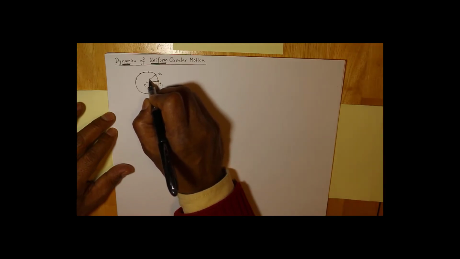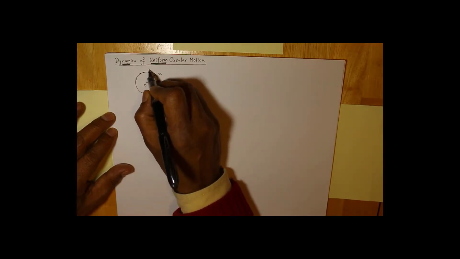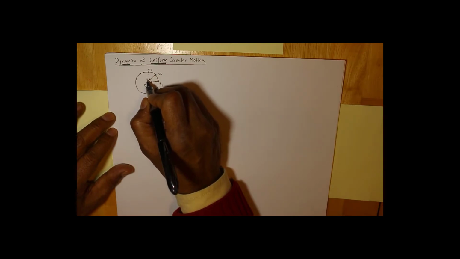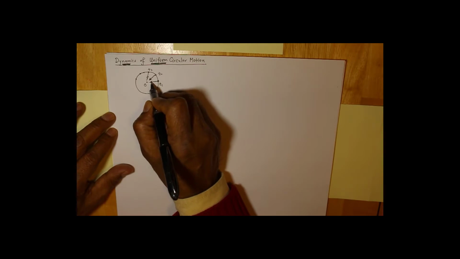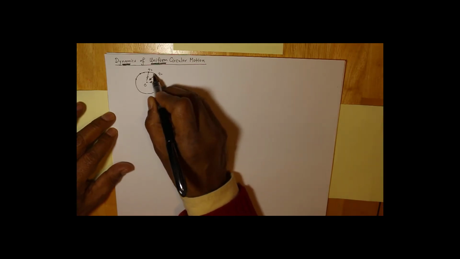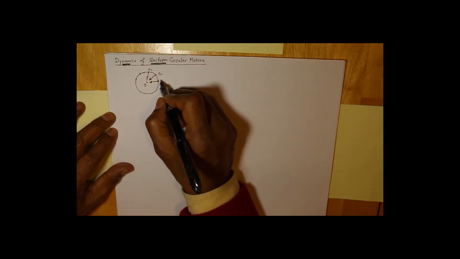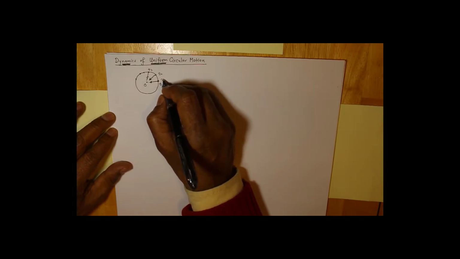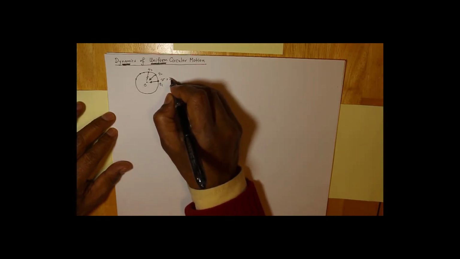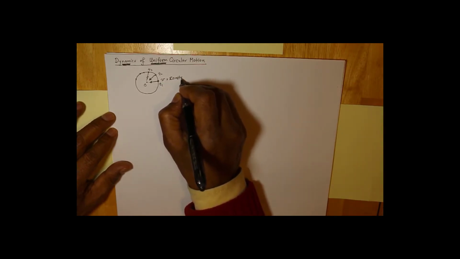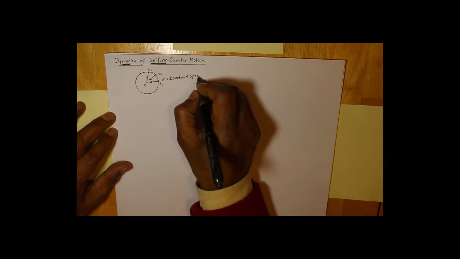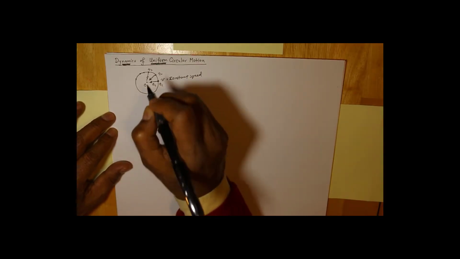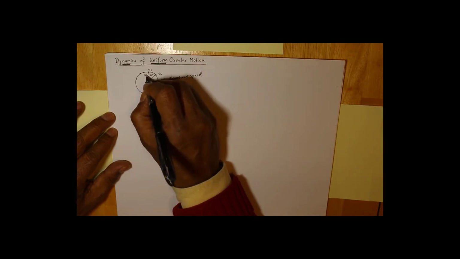At t3, the acceleration will always point towards the center with the same magnitude. And since the speed is constant, we just use a single letter v for the speed. So here acceleration 1, acceleration 2, acceleration 3.